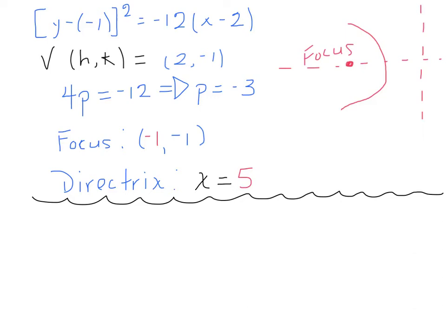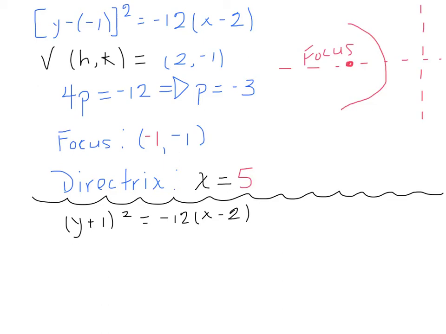So let's go back to our original equation, which was (y + 1)² = -12(x - 2). If we are very careful and we choose a value of x that will make the right-hand side a perfect square, then taking the square root of both sides will give us some really wonderful numbers to work with.